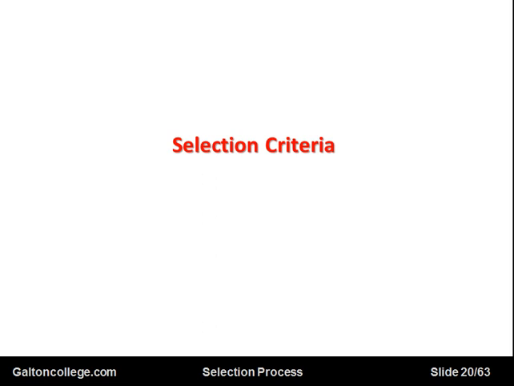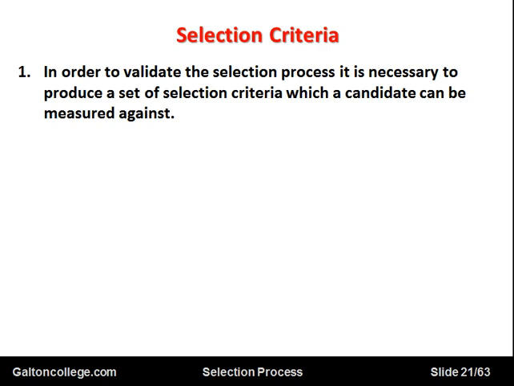The selection criteria: in order to validate the selection process, it's necessary to produce a set of selection criteria which a candidate can be measured against. So it's important that there are standards of judgment, and in order to avoid discriminatory practices, an objective set of criteria should be drawn up, if possible.